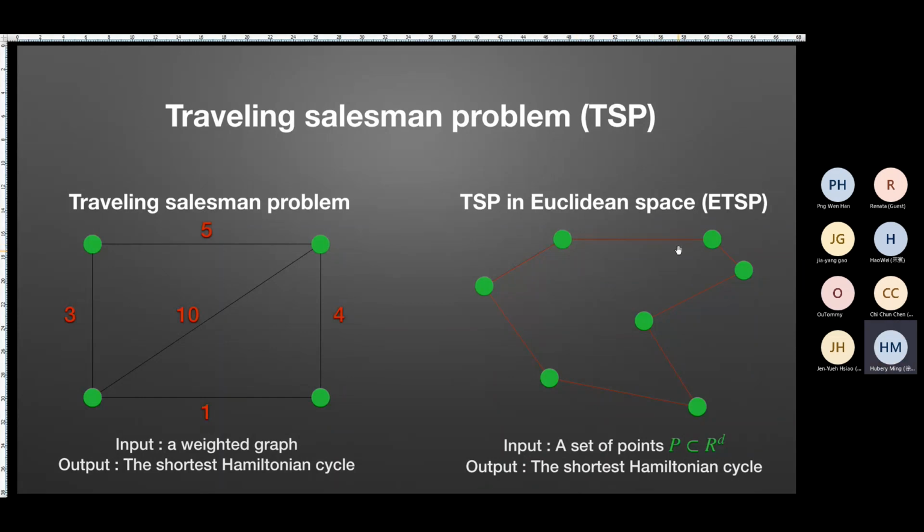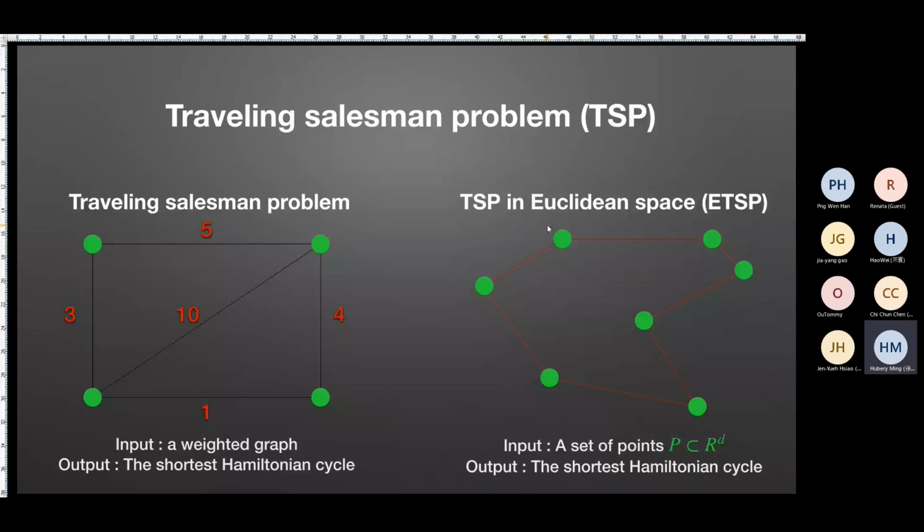And also, we would like to find the shortest Hamiltonian cycle. Okay, and why are we interested in the special case? Actually, if we could reduce a general traveling salesman problem into the special case, then we could obtain a better time complexity to solve them exactly.